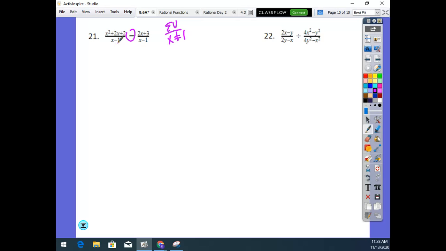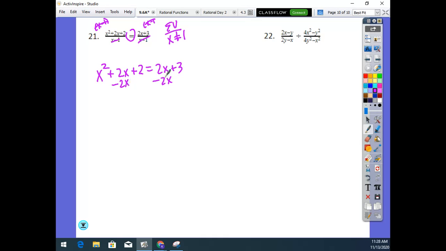Notice the denominators are already the same. Technically, we could multiply through by our denominator, but we really just want what will make the numerators true because the denominators are already the same. So just set your numerators equal to each other.